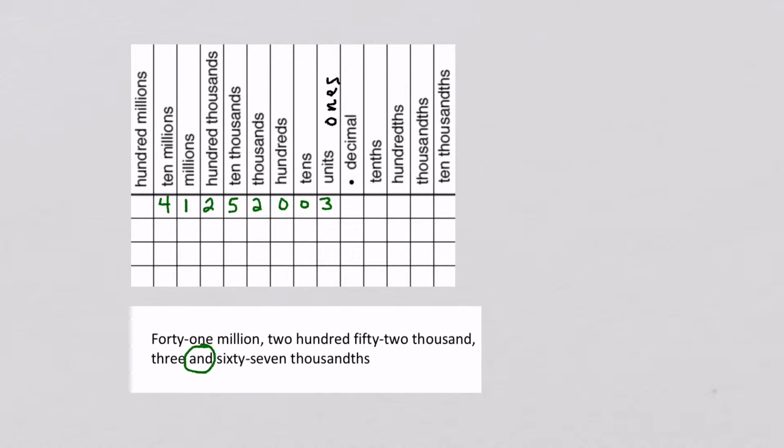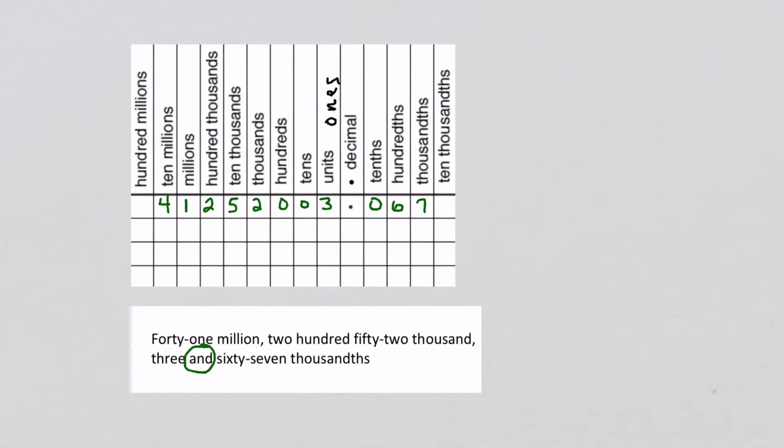So whenever you say the word and, everything after the and has to go in the decimals place. So if you say the number 67 thousandths, that means that 7 has to be in the thousandths place. And what goes in front of the 7 for 67? A 6 goes there. But you can't just have a 0 or nothing there in the tenths place, so you have to place a 0 there.